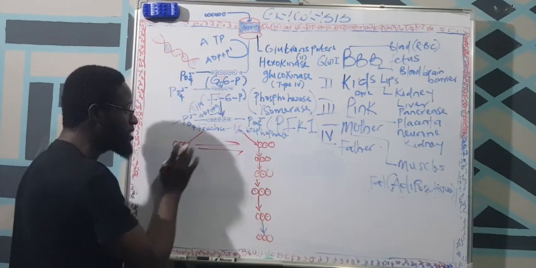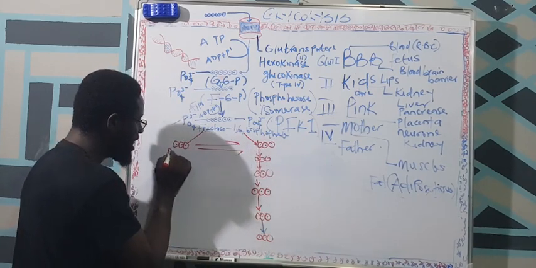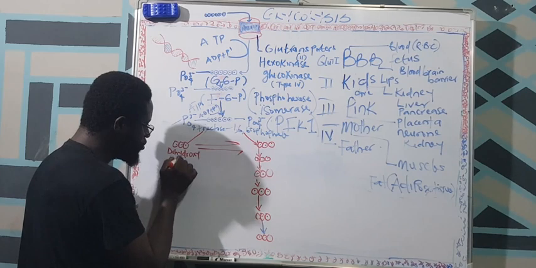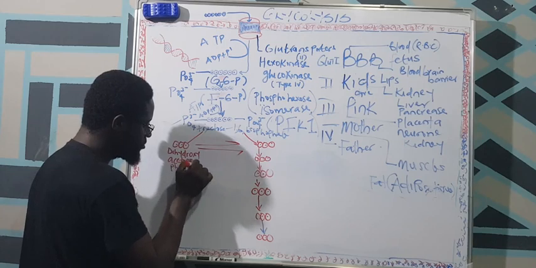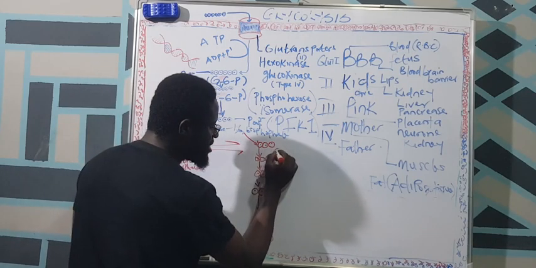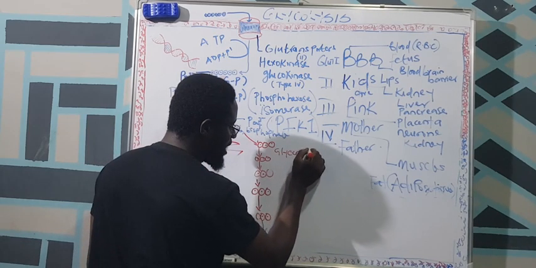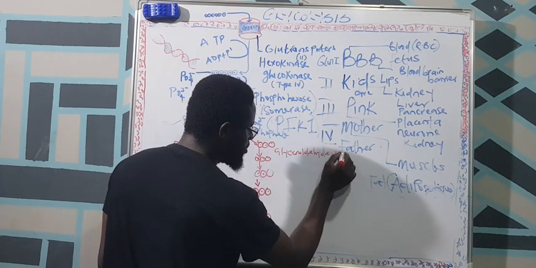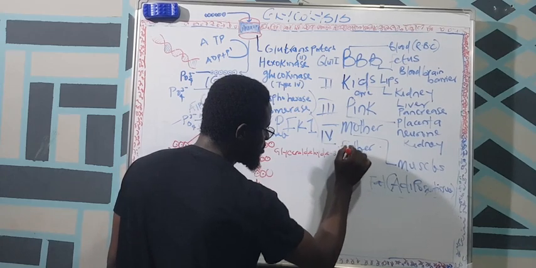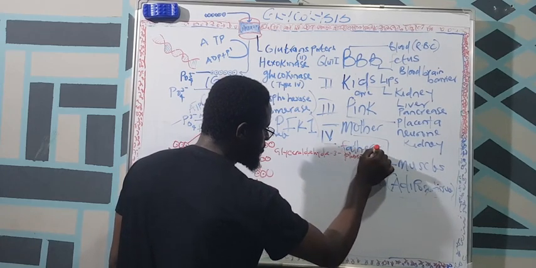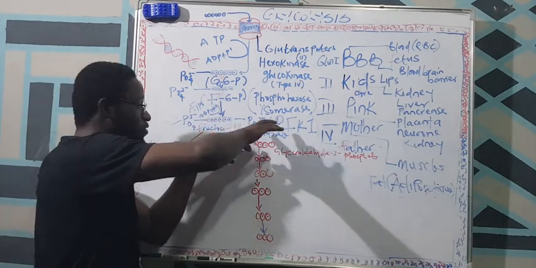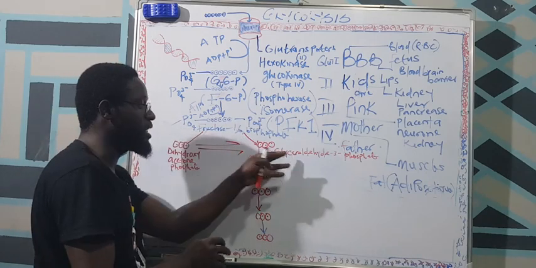The first molecule it converts fructose 1,6-bisphosphate to is dihydroxyacetone phosphate, and glyceraldehyde 3-phosphate. So there is an enzyme that converts fructose 1,6-bisphosphate to dihydroxyacetone phosphate and glyceraldehyde 3-phosphate.